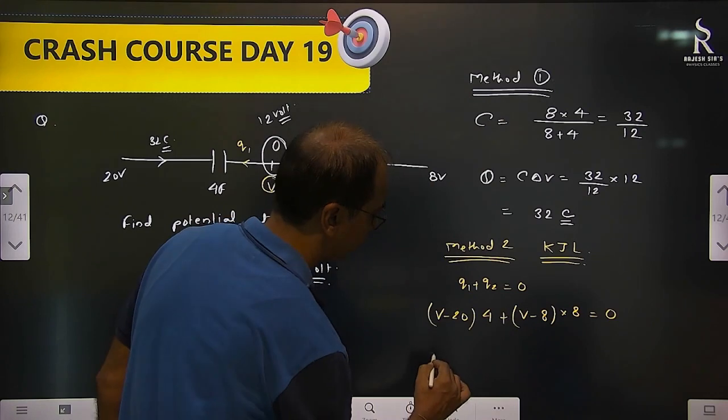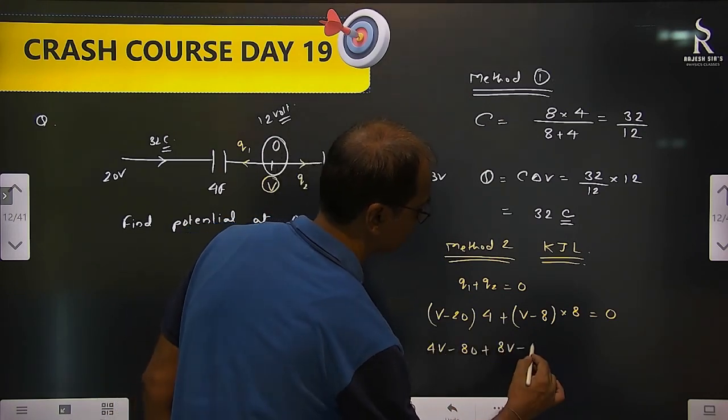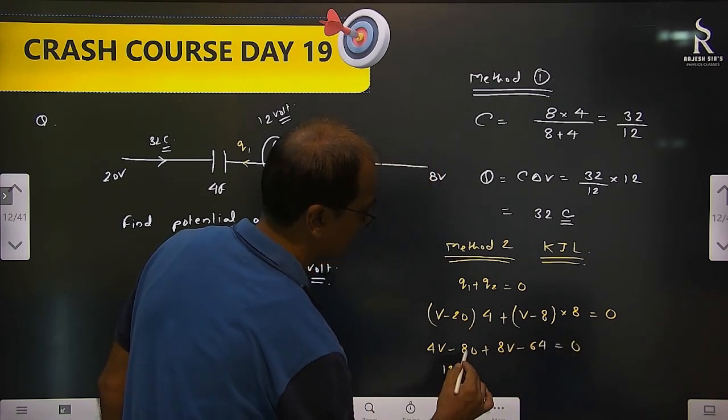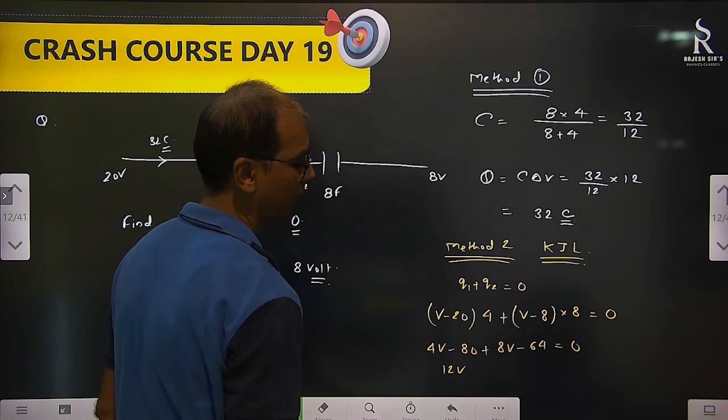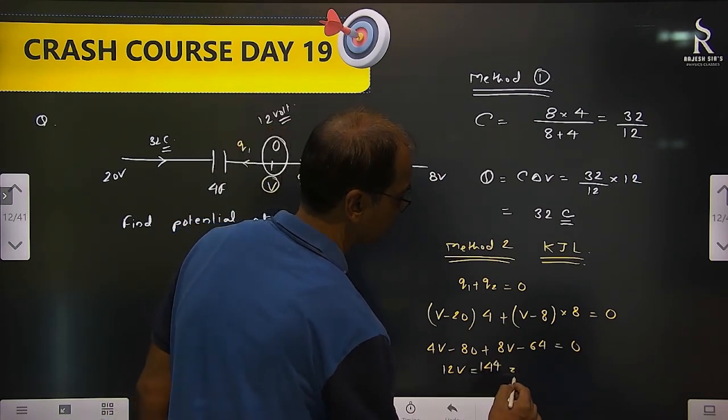So we have 4V minus 80 plus 8V minus 64 equal to 0. 8 plus 4 is 12, and 80 plus 64 is 144. So V equal to 12.